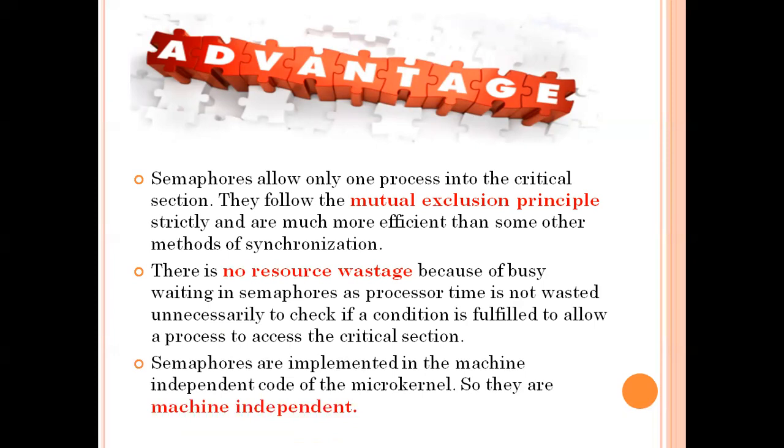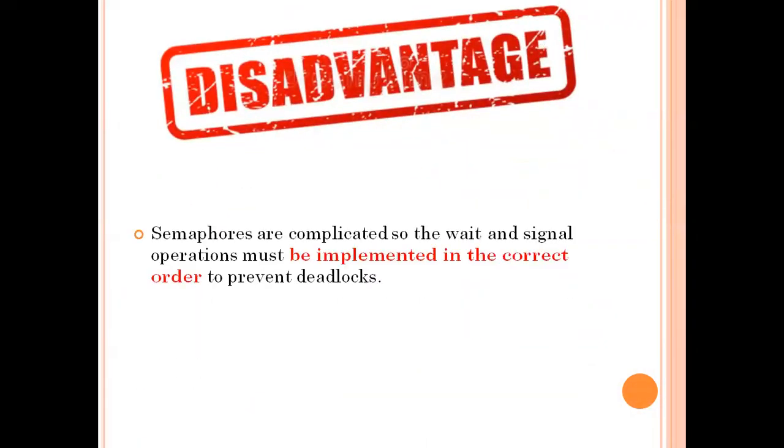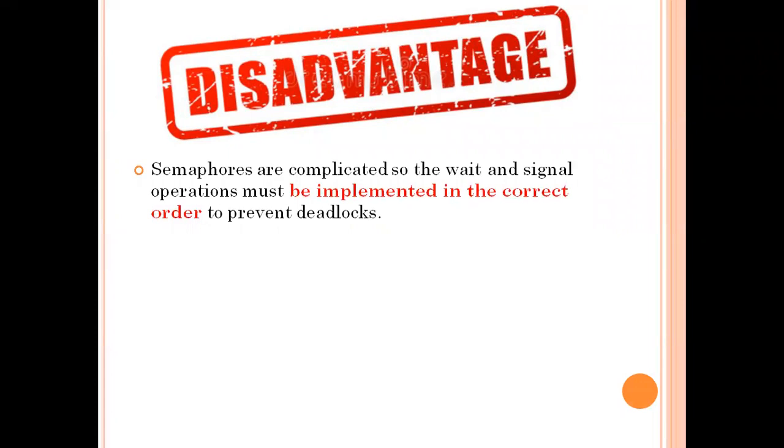Semaphores are implemented in the machine independent code of the microkernel. So they are machine independent. So this is self-explanatory. The semaphores are not machine dependent, but can run on different machines. But there are some disadvantages too, like semaphores are complicated.